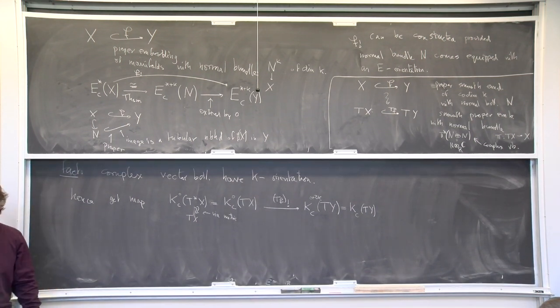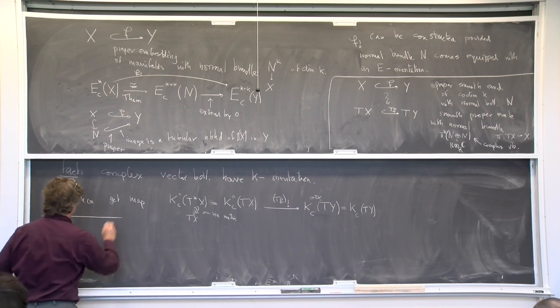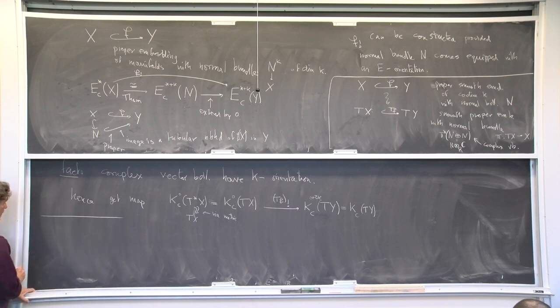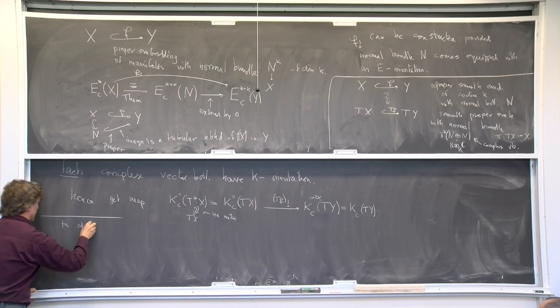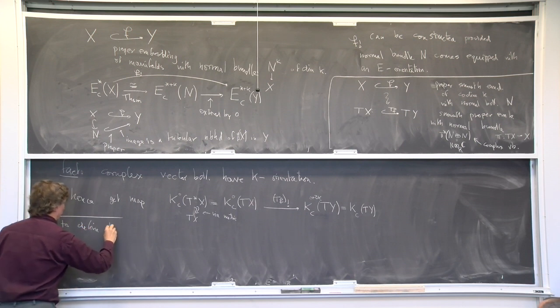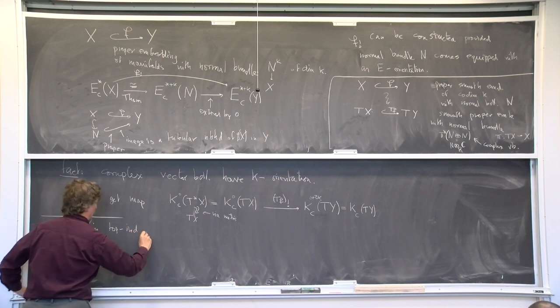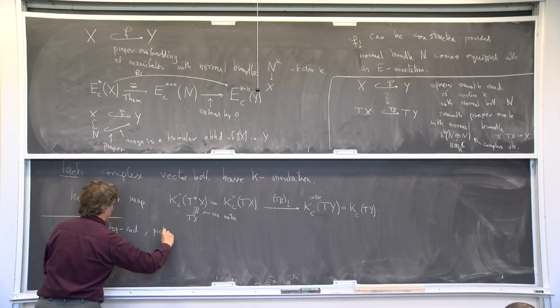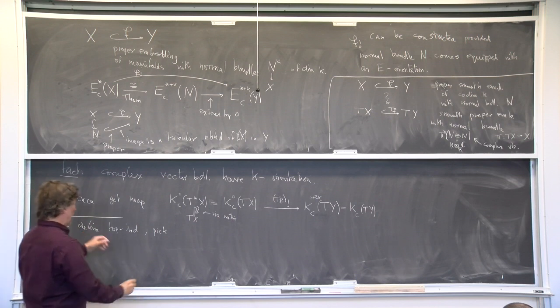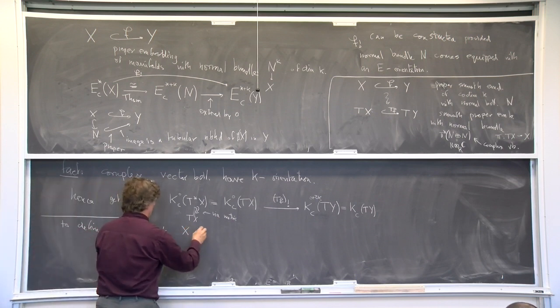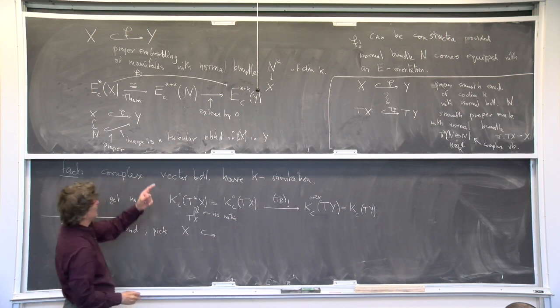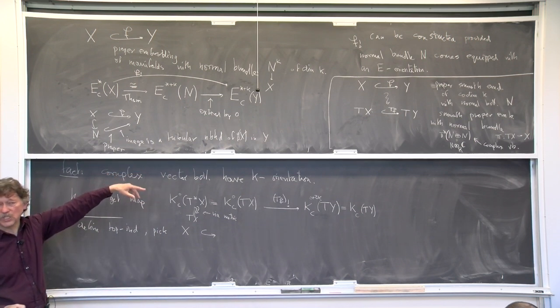So this is the main ingredient in the topological index map. Now comes the definition of the topological index map. To define the topological index map, pick an embedding of your manifold X into, now we specialize our manifold Y to be just a huge sphere.